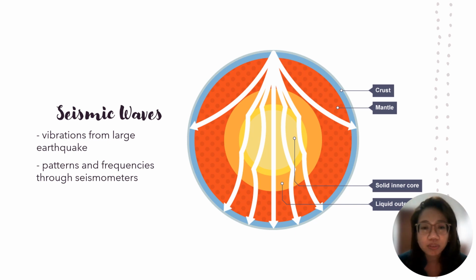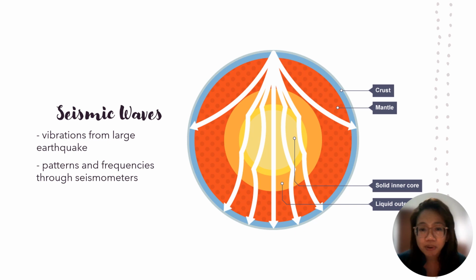Now, we don't only rely on derivations of physics in order to figure out what's the material inside the planet. We use additional information gathered from seismic waves. For those who are not aware, seismic waves are vibrations from large earthquakes, and they travel through huge locations.